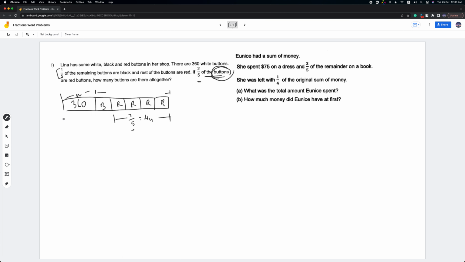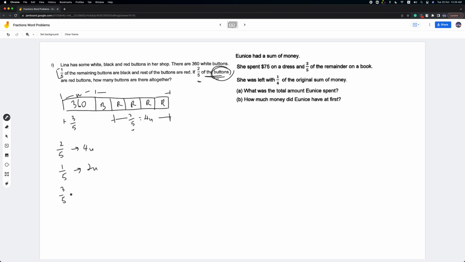What you need to do is to write down the number of fractions and units for this other side. Since 2/5 are red buttons, that means we can find out 1/5. 1/5 is just half of this, which gives us 2 units. And the other side here must be 3/5, because everything makes one whole.